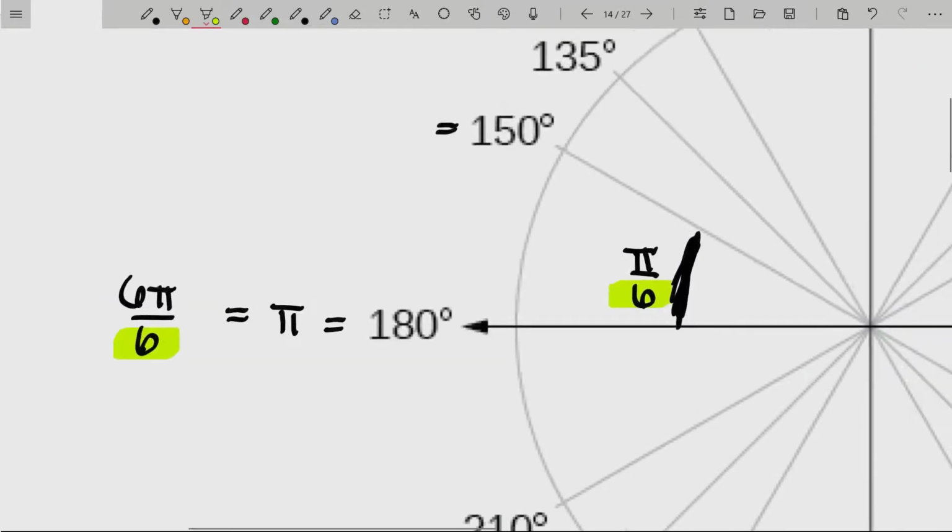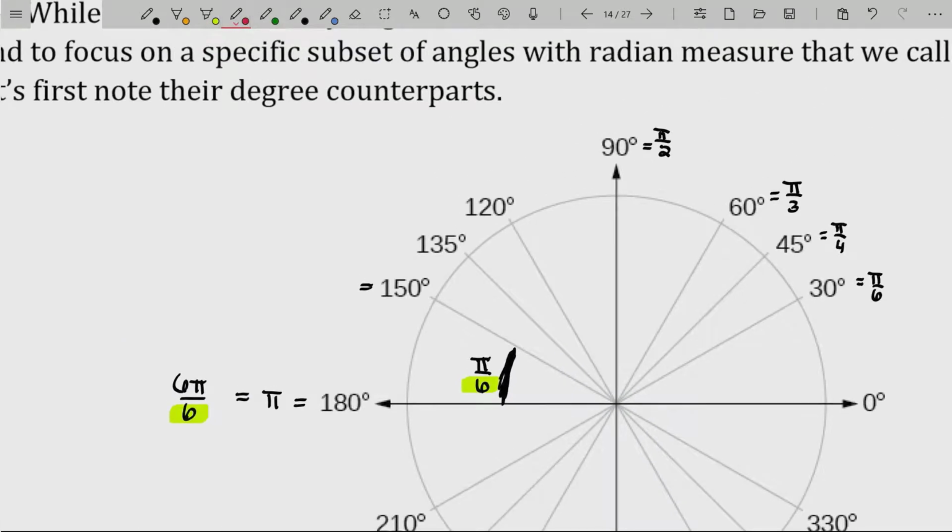When you rotate around this curve to get to 150 degrees, you're almost to pi, which is 6 pi over 6. You're just shy by pi over 6. So you're at 6 pi over 6, but you get to subtract a pi over 6. Losing a single pi over 6 from those 6 of them, this angle would be 5 pi over 6.